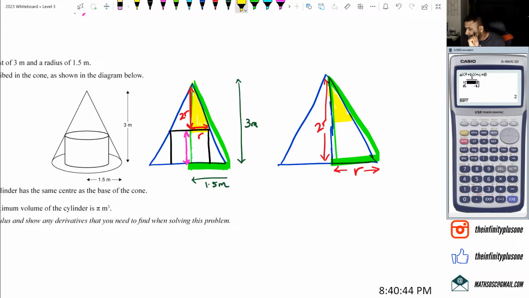Yes, I'm listening. Would that be h minus 3? No. It won't be h minus 3, because we're trying to figure out what the height is for the cylinder. So in other words, I'm hoping you guys can see that h plus 2r is equal to 3, because the height of the cylinder plus 2r, which is that little space of that yellow triangle, is equal to 3 meters.